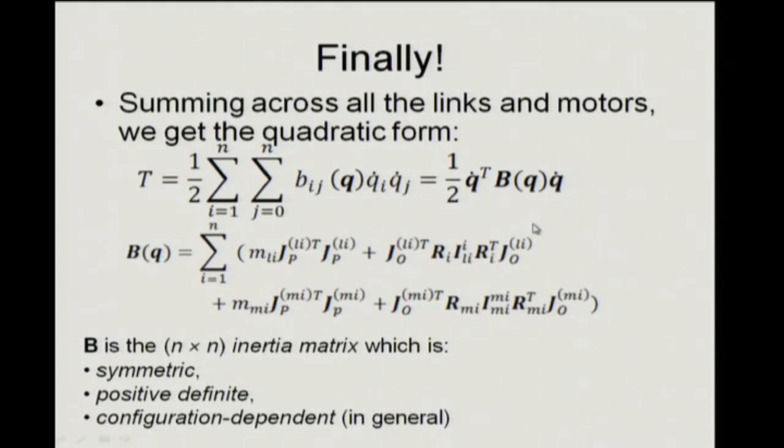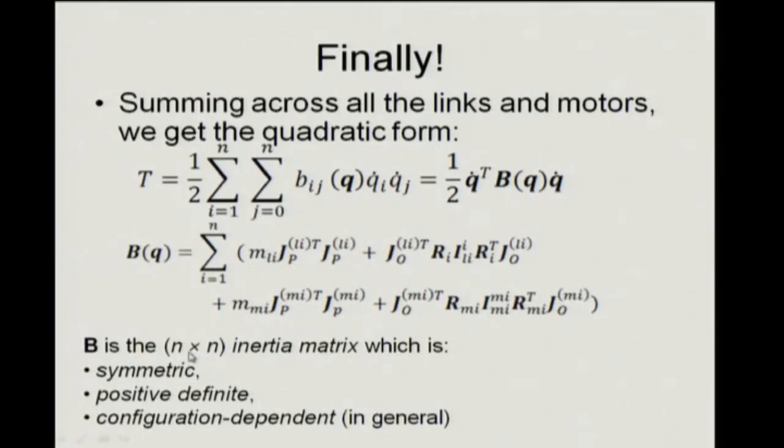And so, B is then called the inertia matrix of the robot as a system, of the whole manipulator as a system. It is more complicated than a normal inertia matrix, but it is still symmetric like an inertia matrix. It is positive definite. Okay. So, all the eigenvalues are positive. That has some very nice properties.